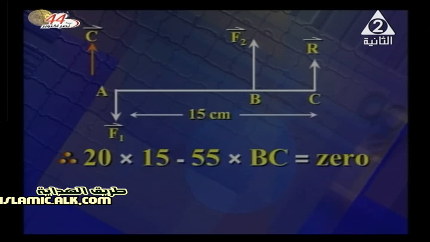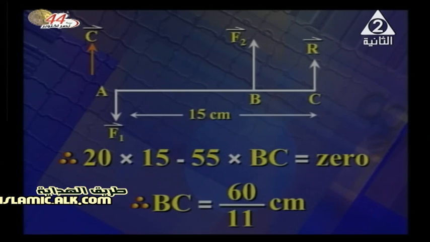After that, we use the theorem of moment. 20 times 15, where 20 is the magnitude of F1 times the distance 15, minus 55 times BC equals 0. To find the value of BC, BC equals 60 over 11.